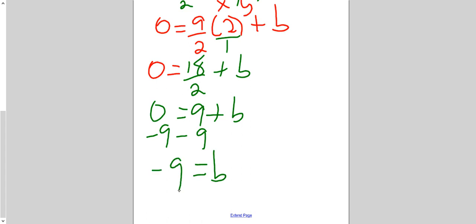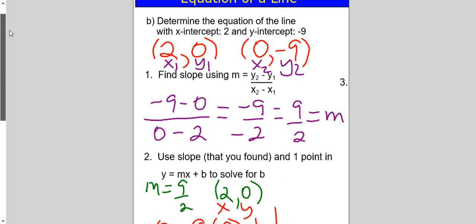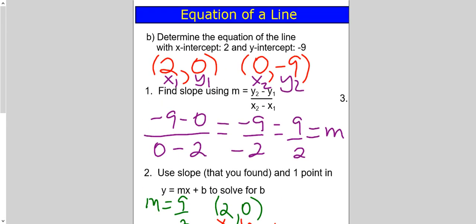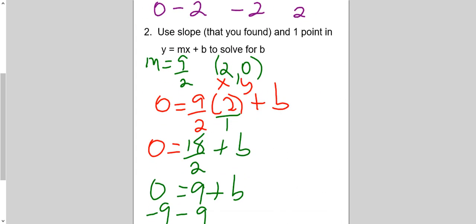Well, of course we got b to equal -9. I didn't even need to do all of that work. Look what the question actually told us. Let's go back up. Okay, this is sometimes when we should be working smarter, not harder. Have you ever heard that? Look right here. I'm going to highlight it for you, maybe in green. It already told me what my y-intercept was. I didn't even need to do all of this work.